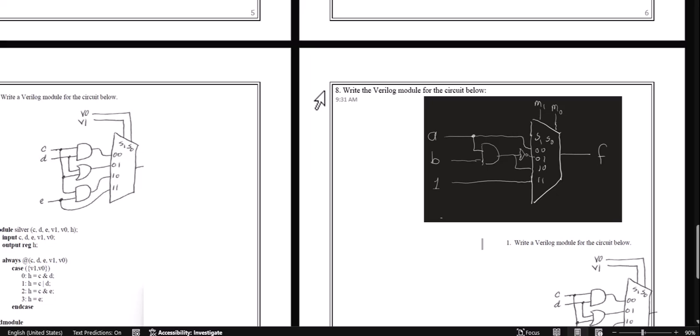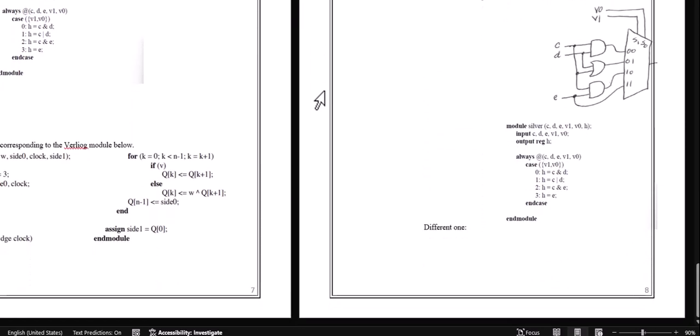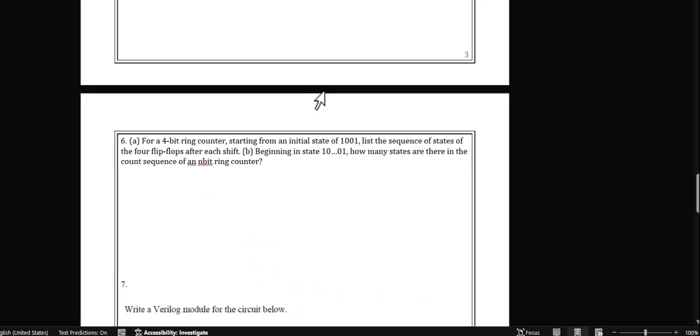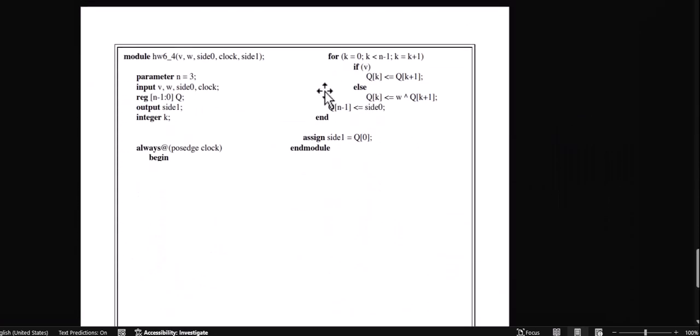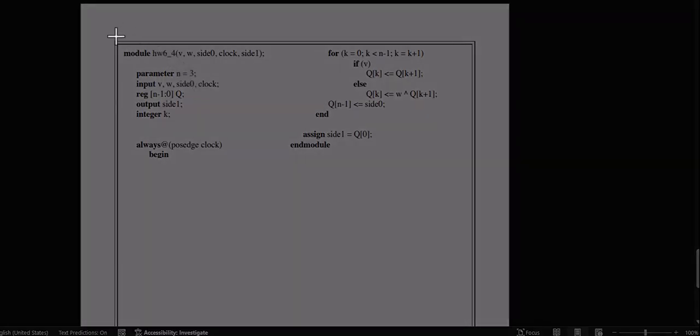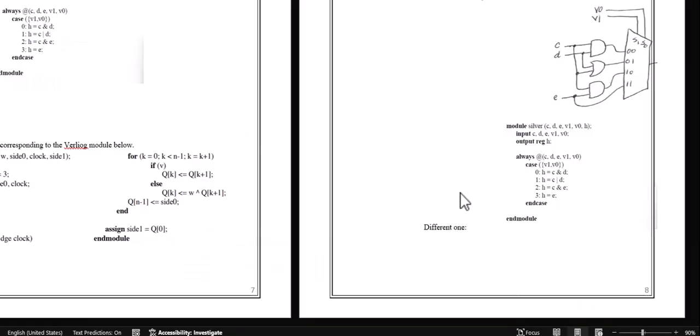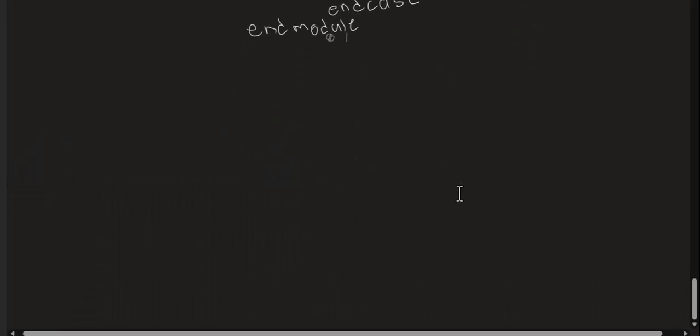I did not give y'all that one. I did give y'all this one. Okay, so now we're going to write the circuit that goes with this. This is probably the first time you've seen a Verilog for a sequential circuit.